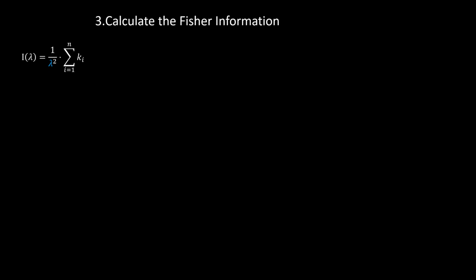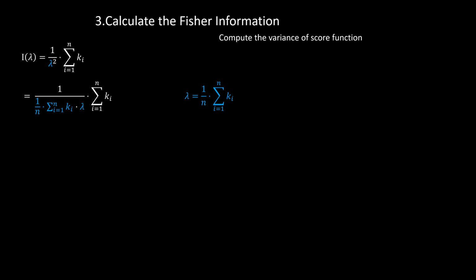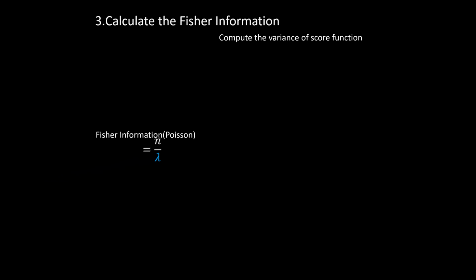To simplify it, we will then substitute lambda by the equation that we previously computed, which again is lambda equals 1 divided by n times the sum from 1 to n of k of i. Afterwards, we will cancel out the sigma signs with its formula, and then we're taking the inverse. Therefore, we are left with n divided by lambda for our Fisher information.